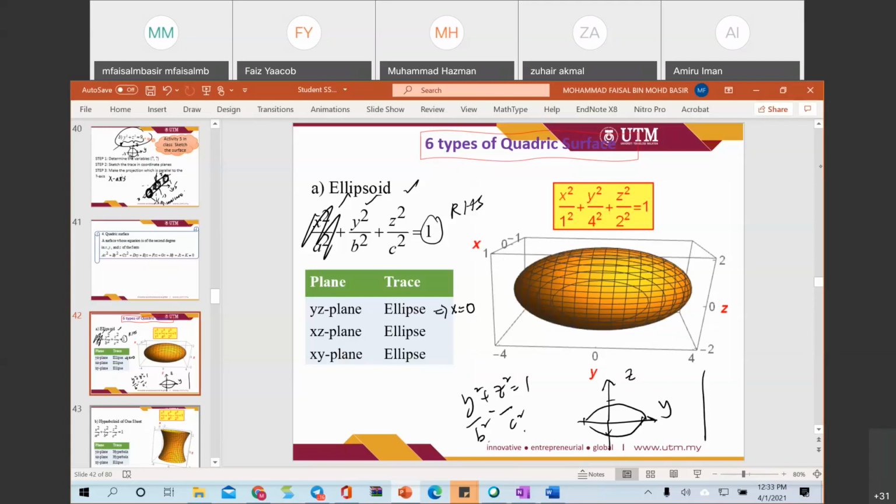If C is higher, it's like this. So you will get an ellipse other than a circle, only that. So see here, if x equals 1, y is 4, z equals 2, then if you merge these, you will get this.